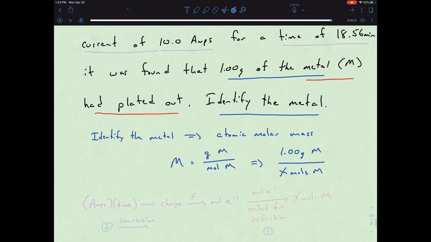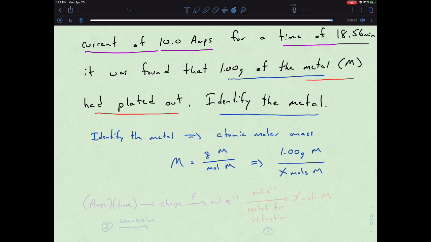If we look at our question, we know we have a metal oxide that's undergoing this process, MO3. And we have here a current of 10 amps and a time of 18.56 minutes.